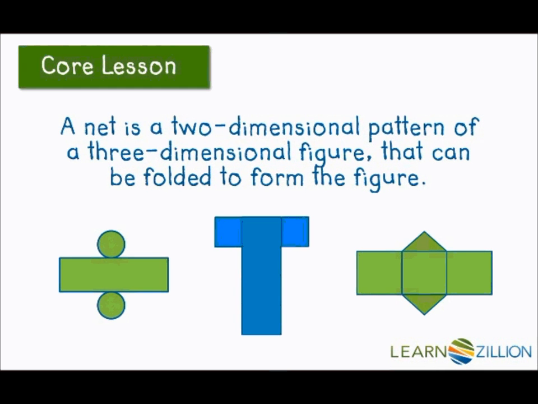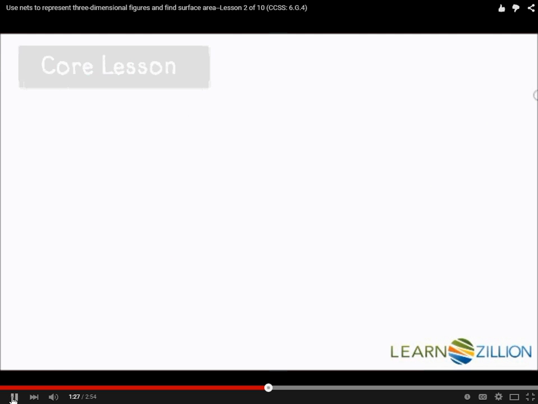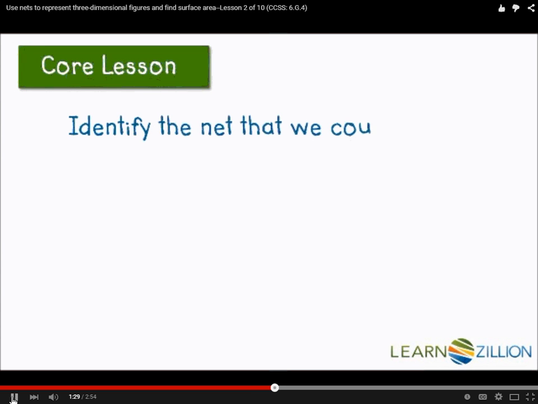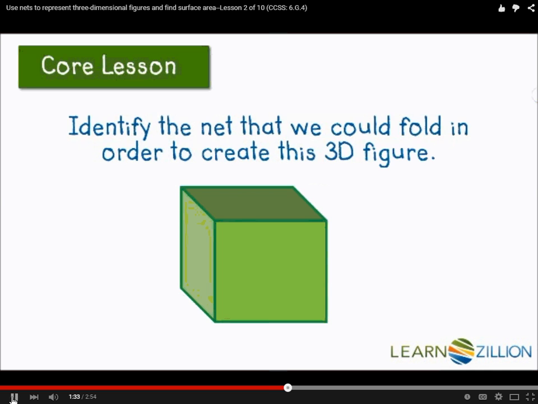So right here you see three different nets, and we're going to be exploring these over the course of the lesson. So what would this make, you guys, if you folded it up? A cylinder. What would this one make? Rectangular prism. What would this one make? Good. So those are all called nets. How might we create a net for a prism or a 3D figure like this one?